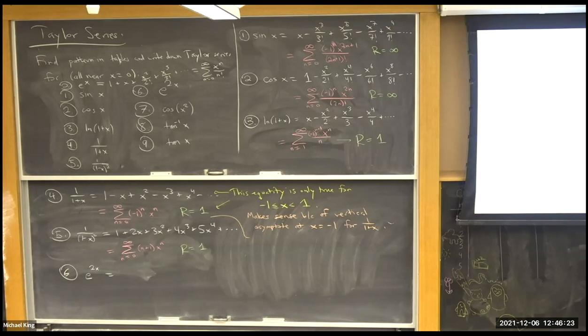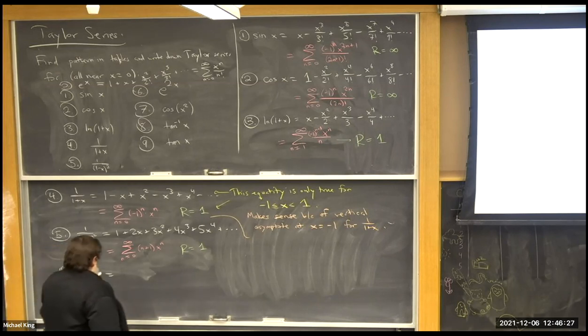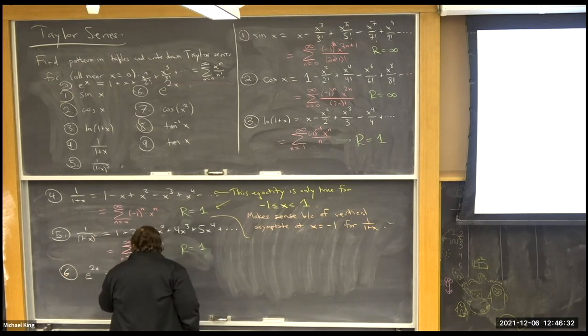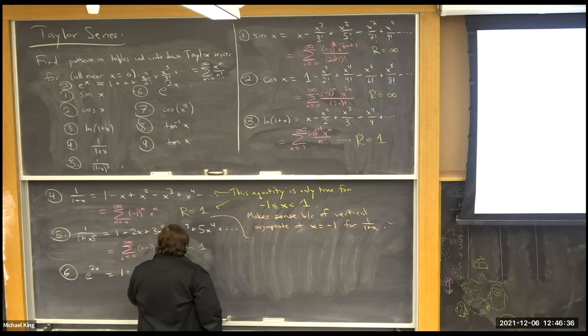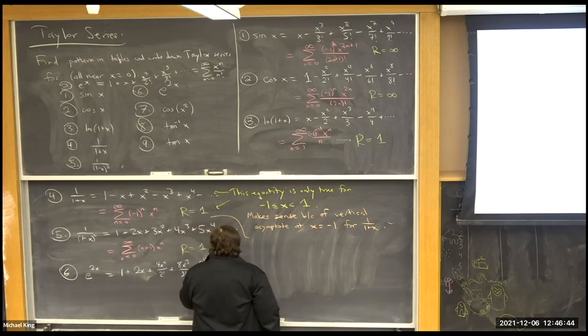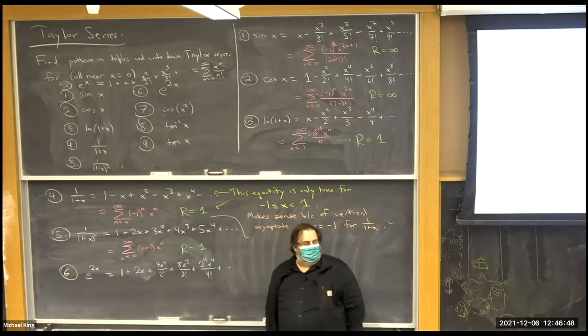So this turns out to be 1 plus 2x plus 4x squared over 2 factorial plus 8x cubed over 3 factorial plus 2 to the 4th x to the 4th over 4 factorial. So if you do the table and the pattern, that's what you start to see.